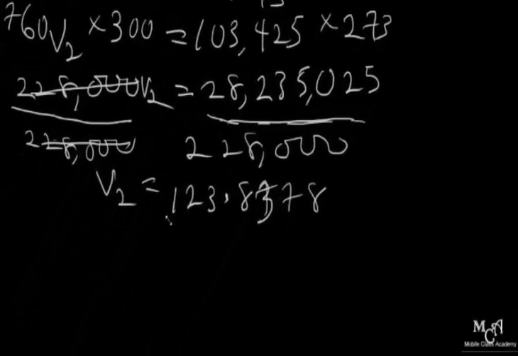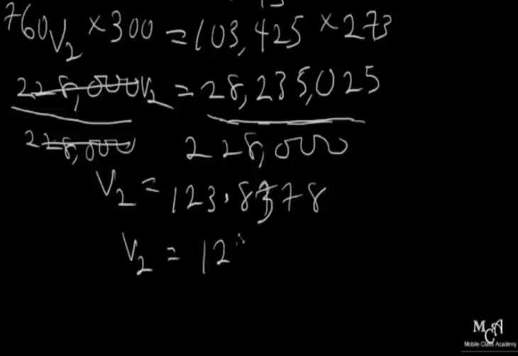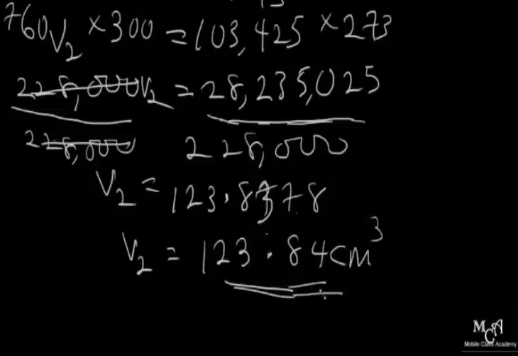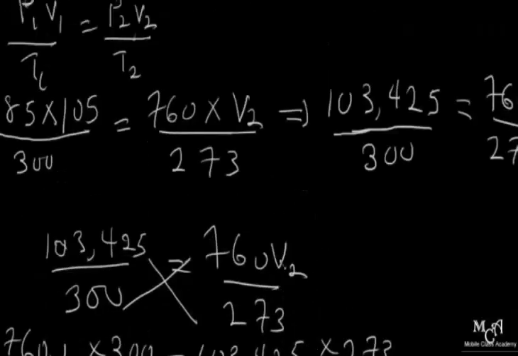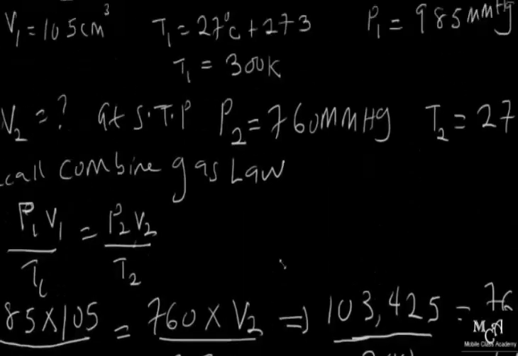We approximate to 2 decimal places. Always try as much as possible to put your answer to 2 decimal places. That's 123.84 centimeter cube. So our final volume is 123.84 centimeter cube. So this is what the combined gas law is all about, the combination of both Boyle's law and Charles' law.